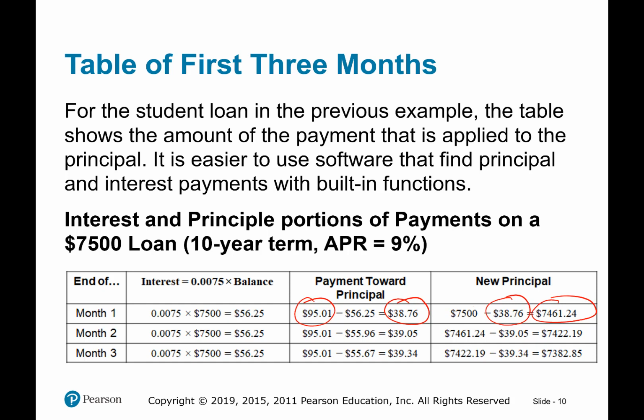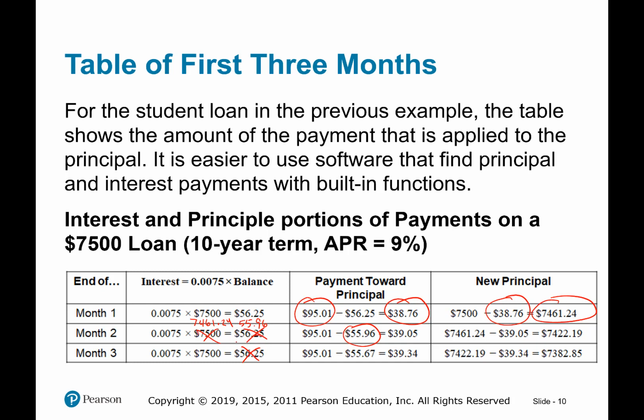Now here's where they have a typo. These are incorrect, because now the 7461.24 is my new balance. So these are typos. So it's going to be $55.96.